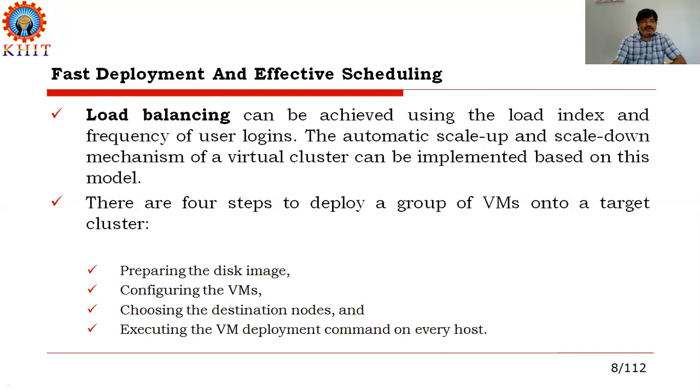So to prevent the failure of the virtual machine, we need to divert the traffic imposed on a particular virtual machine, and it can be shared equally among the remaining available virtual machines on the network. So here the traffic will be shared equally with the other virtual machines through the load balancing feature only. The mechanism of virtual clusters can automatically scale up or scale down, and that can be implemented based on this load balancing technique.